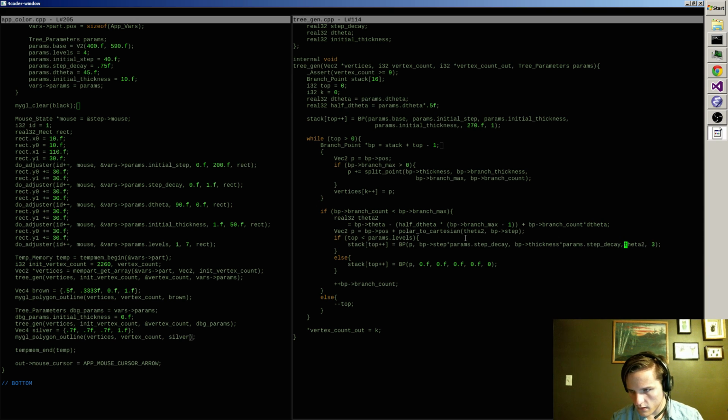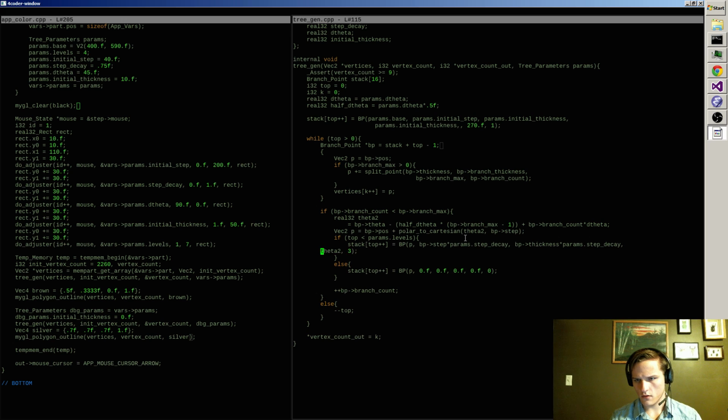Whereas these. So what do I want to set branch thickness to, just generally? If I always set it equal to the thickness, what will that be? Will that even be okay?